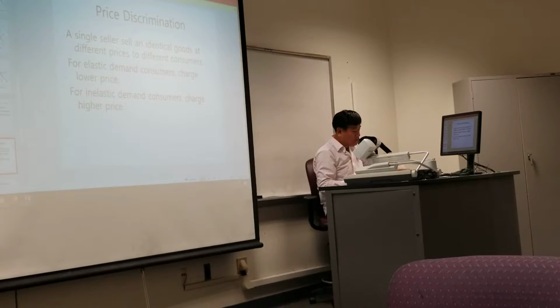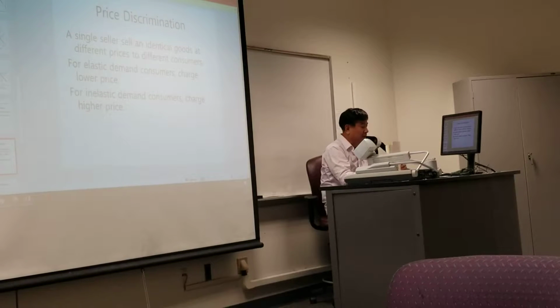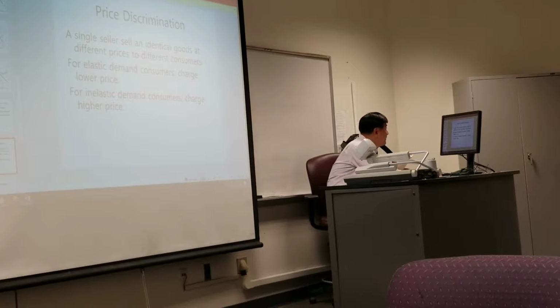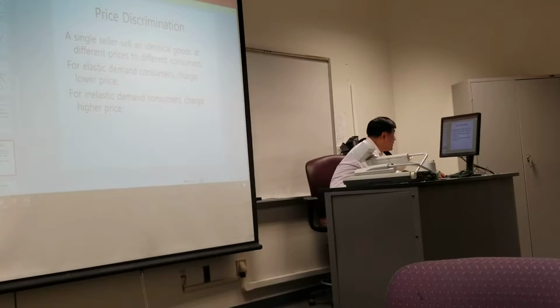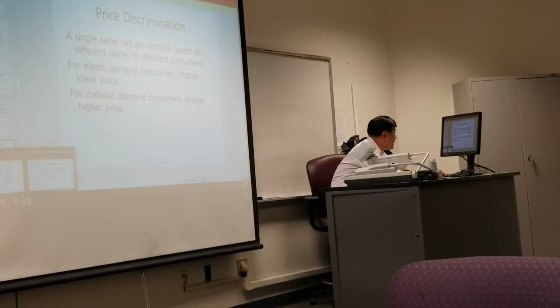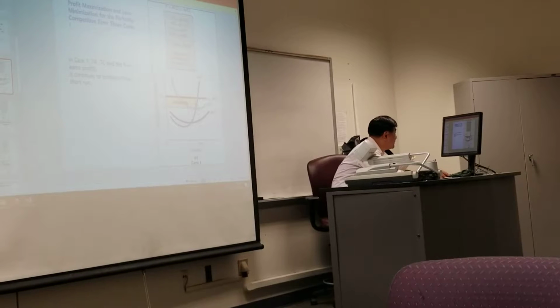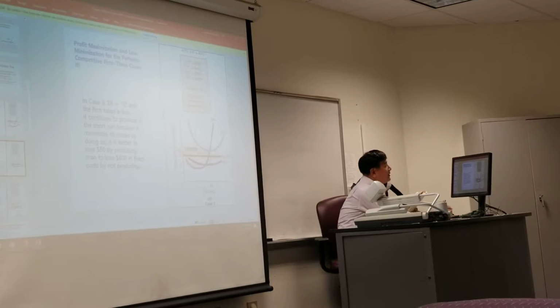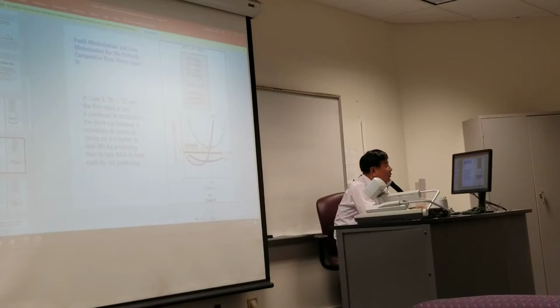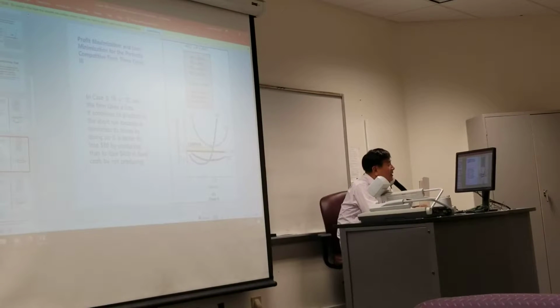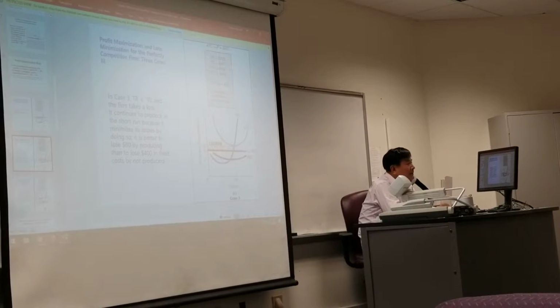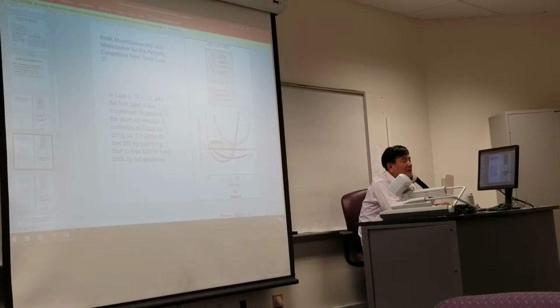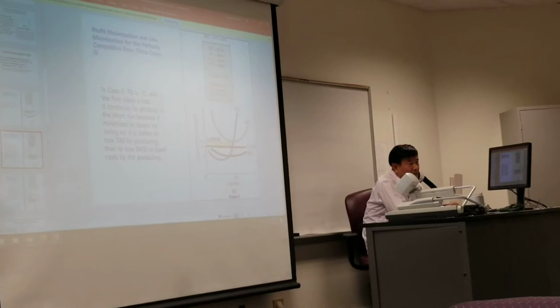Okay, and then there are three questions about perfect competition. You remember we have a green handout, perfect competition. When the price lies between ATC and AVC, although you lose money, you may stay because the loss is not big enough.